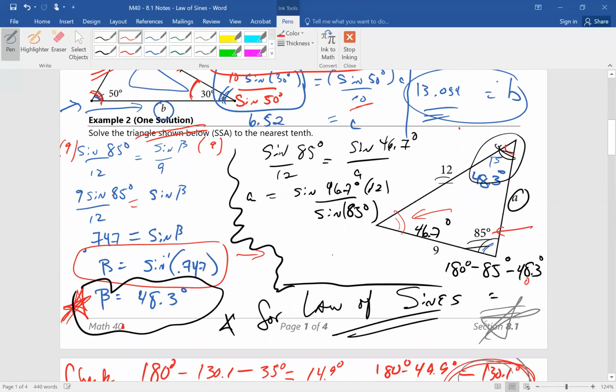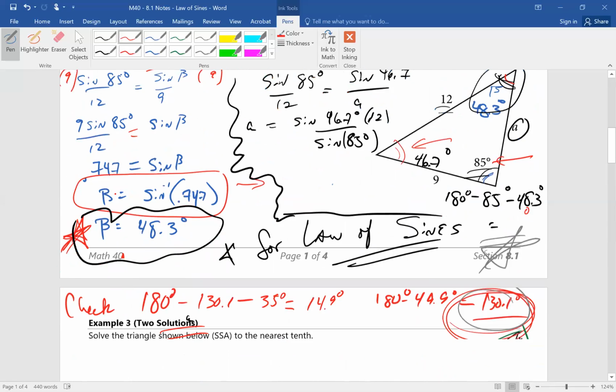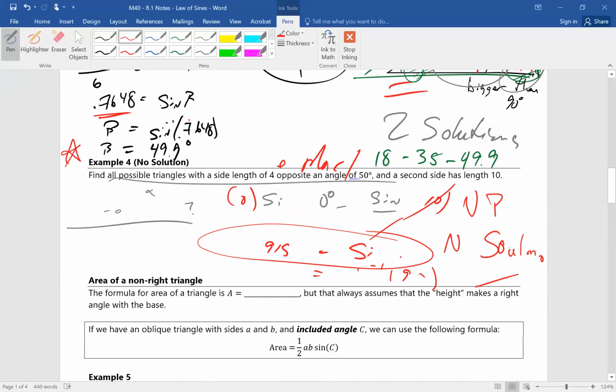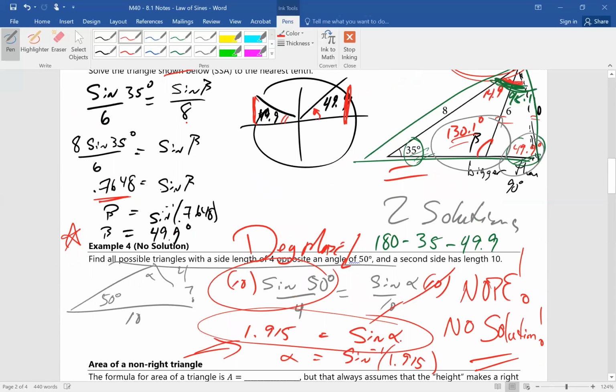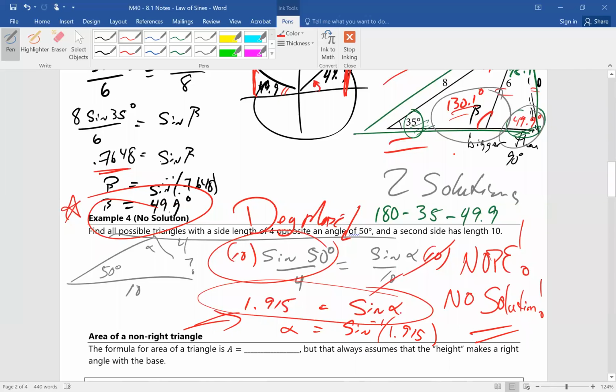We knew it was 1 solution because the other solution was not possible. Example 3, where there were 2 solutions, as I'm scrolling down here, you had 2 solutions of 49.9 and, oh gosh, 130 point something, which was up here. And our third case was example 4, there were no solutions.